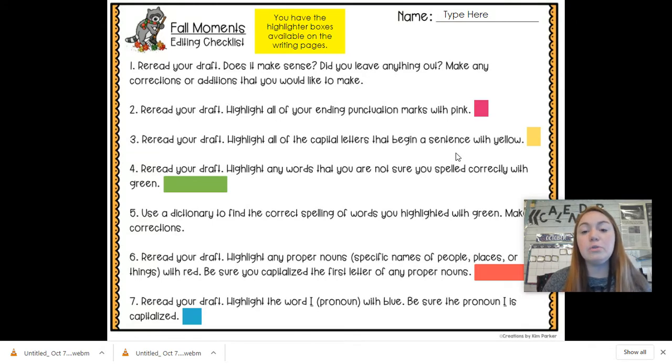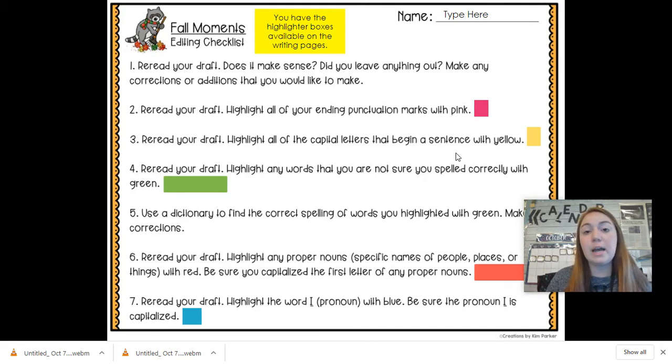It's because when you write, sometimes you miss those punctuation marks. So drag that box over, and then you'll know for sure that you have that punctuation mark. And if you go to drag it to the end of a sentence and there isn't one, then you can add one in.